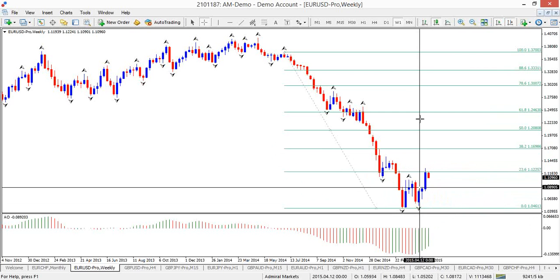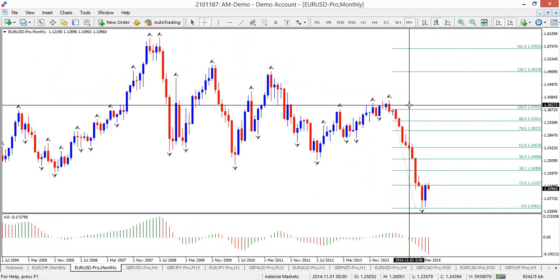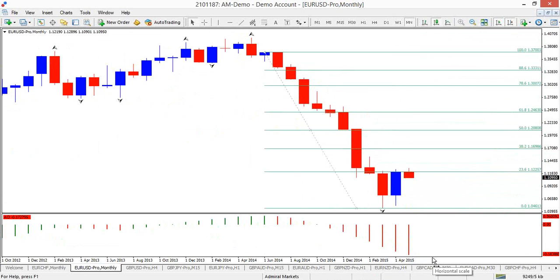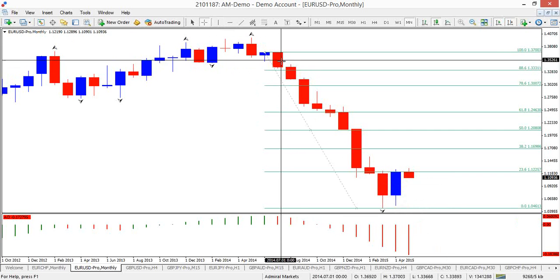So for the moment, if we look at just price action candlestick patterns, we had, of course, Friday or Thursday, the closure of the May candle. And you see that was a bullish candle engulfing more or less almost the month of March. So that's a strong bullish candle. It closed near the high. And it's the first bullish candle in 10 months or almost a year.